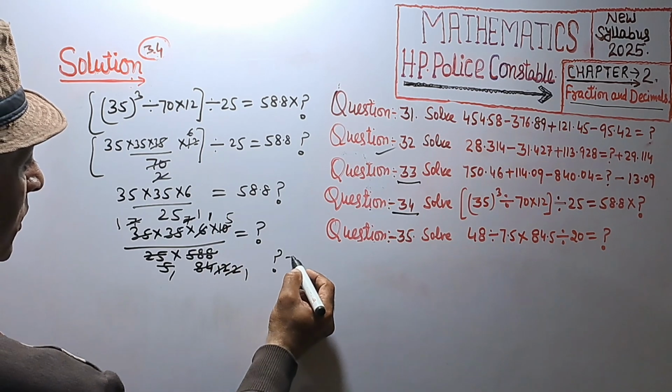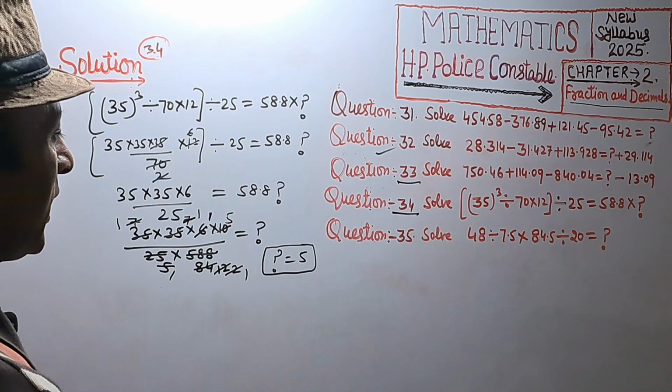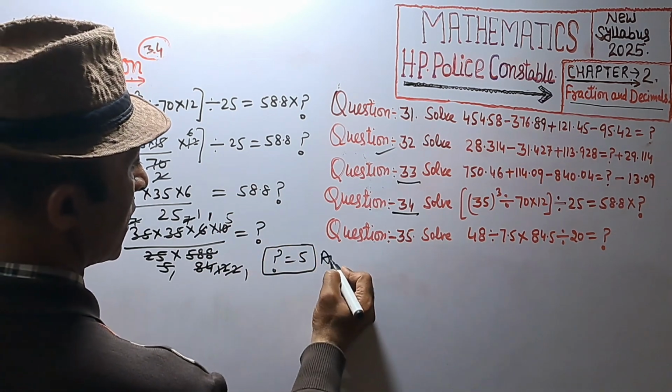So ? is equal to 5. So we get the value of ?, that is 5. Answer.